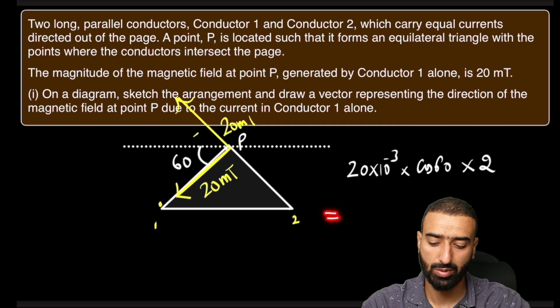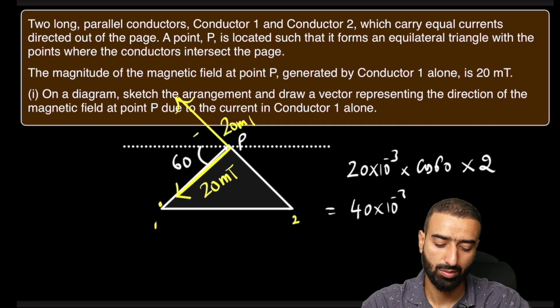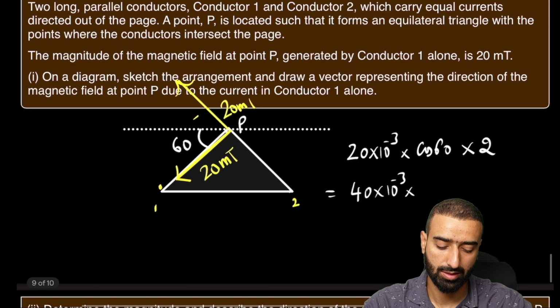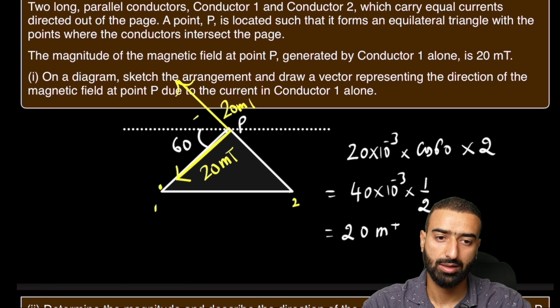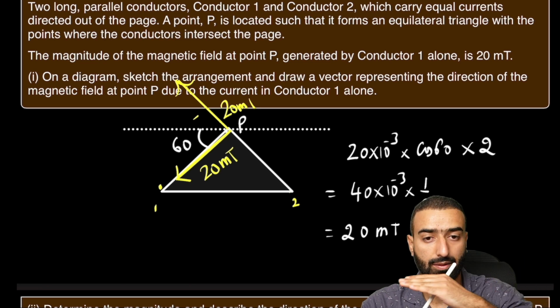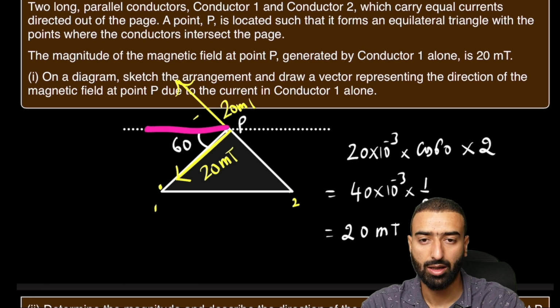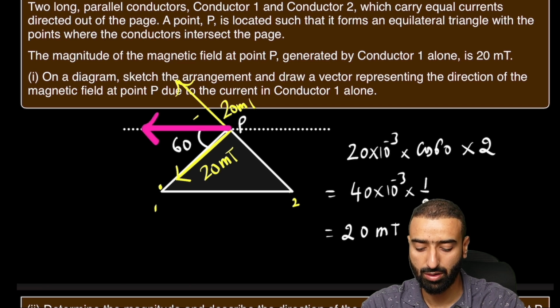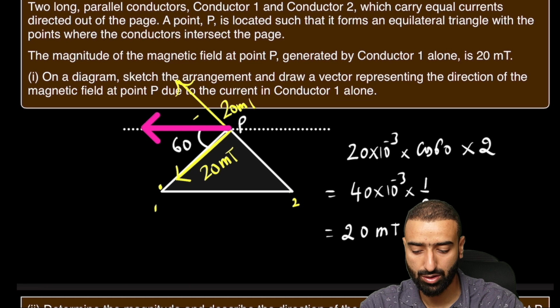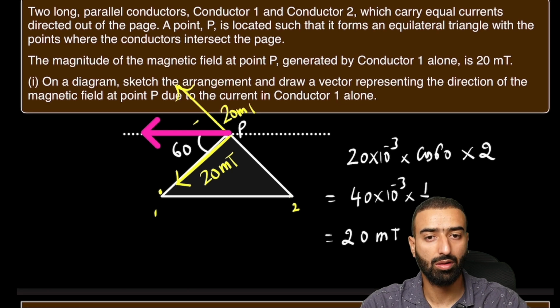This will turn out to be 40 times 10 to the minus 3 times cosine 60, which is 1 over 2, and that is 20 millitesla, horizontally to the left. So the total field at point P is going to point along this direction. And that completely solves the problem.